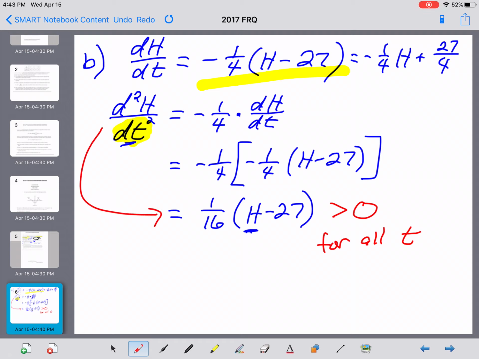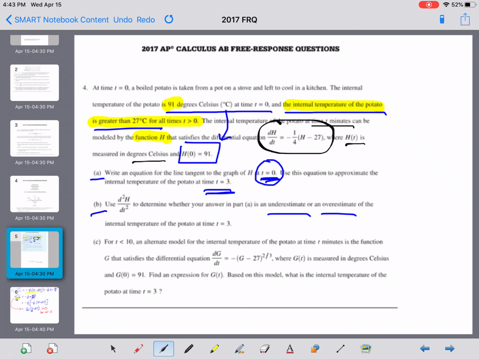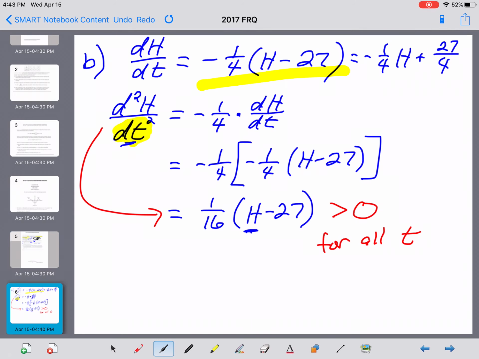Now, what we are really dealing with here, guys, is a question about the temperature of the potato. They wanted to know if our approximation in the first part was an overestimate or an underestimate. And here's another thing I just thought of: since we know that H is always greater than or equal to 27, in the first derivative we know that our first derivative is always going to have to be negative, but then we just figured that our second derivative would always have to be positive.